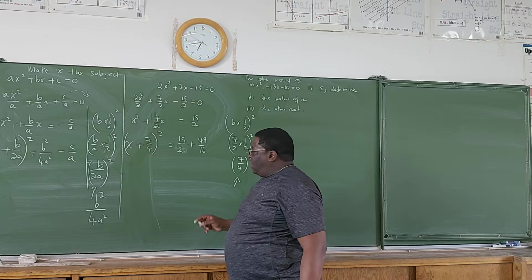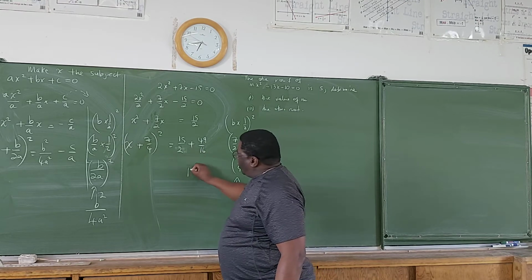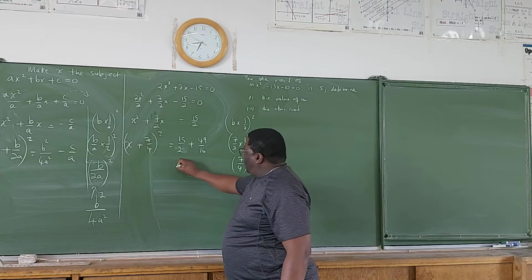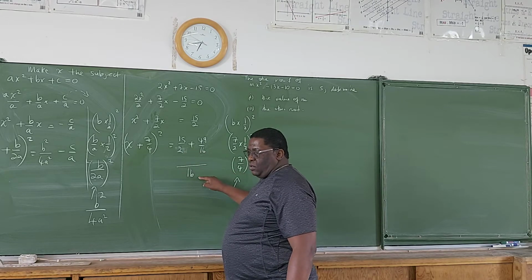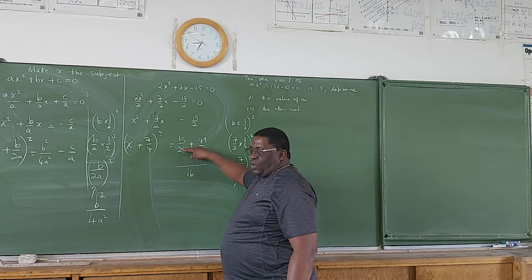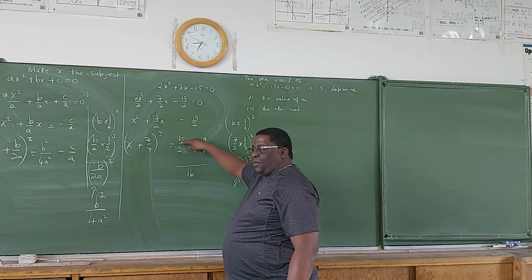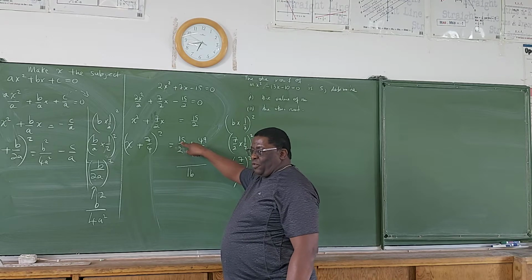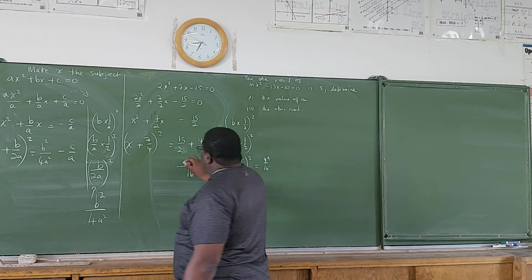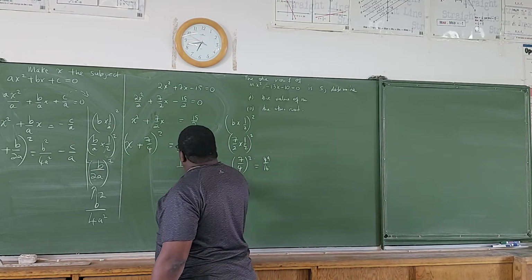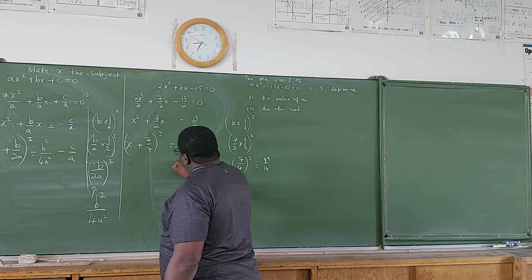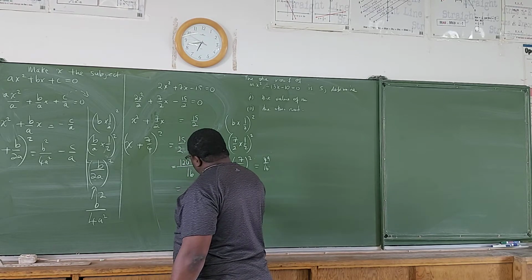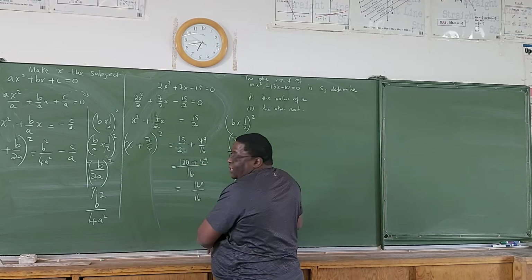But if you do this, the lowest common multiple of 2 and 16 is 16. 2 times 8 gives you that, and 8 times 15 gives you 120. So this gives me 169 upon 16 on this side.